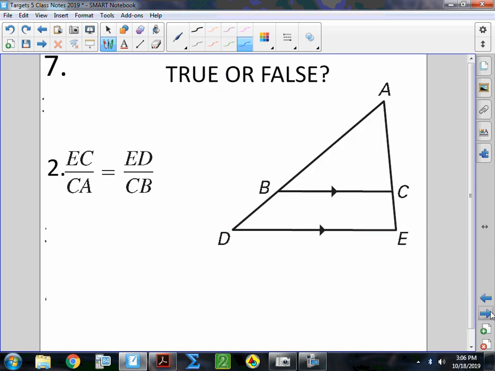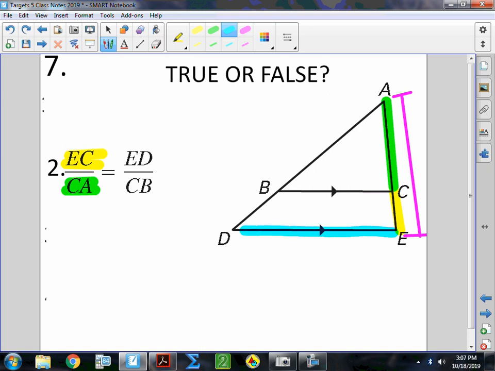On the second one, they started off with EC. EC is part of a bigger segment. It is not a triangle side length. They put that with AC or CA. So again, we're working with part of this bigger segment that goes all the way down that's intersected by the parallel lines. They want to know if that equals ED and CB. Those blue lines are not the same thing as the green and yellow.